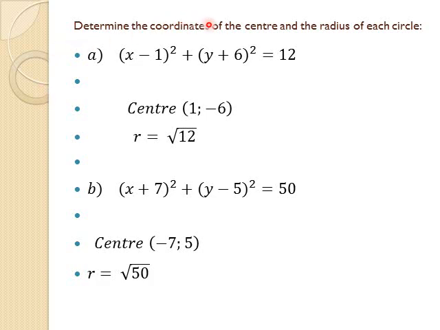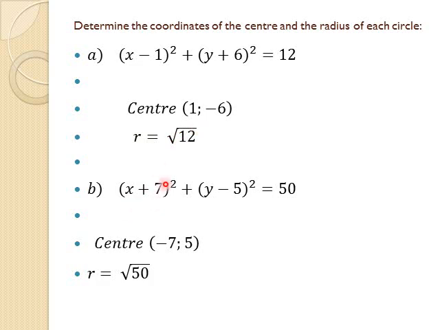Determine the coordinates of the center and the radius of each circle. My equation was given as (x - 1)² + (y + 6)² = 12. So the center: minus 1 becomes positive 1, plus 6 becomes negative 6. Remember that is r squared. So when we want the radius, we always want the square root of that value, so r equals square root 12.